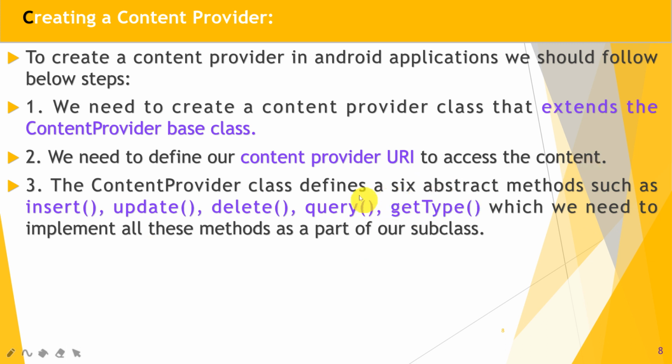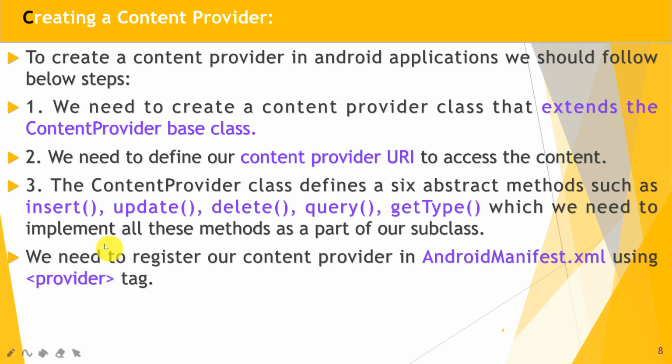If we cannot implement one of these, then that content provider class becomes abstract and we cannot create the object of the abstract class. Great. Hope you understand abstract method. An abstract method must be implemented. Okay. So mostly abstract methods are present in the interface. Great.